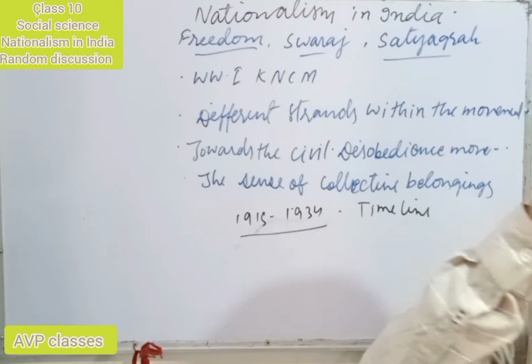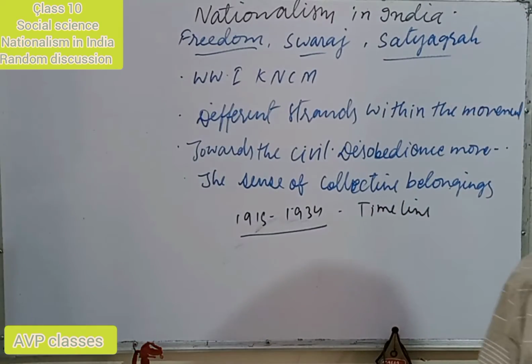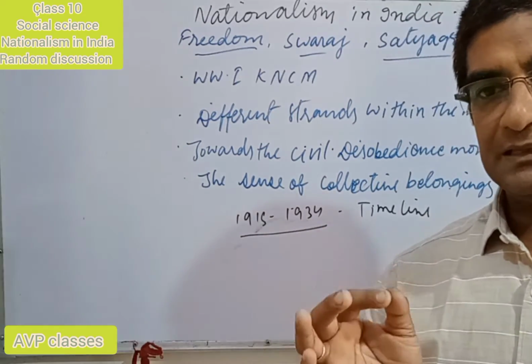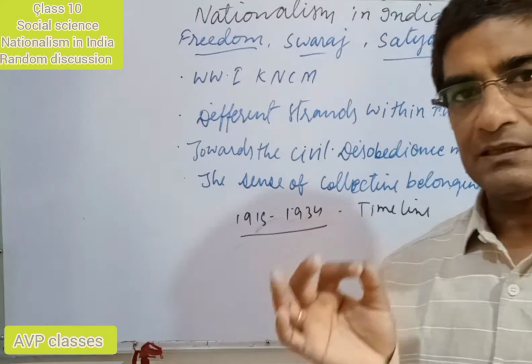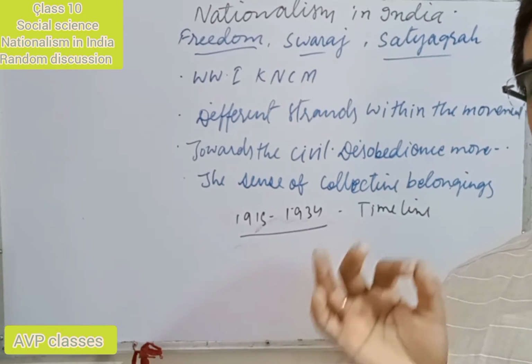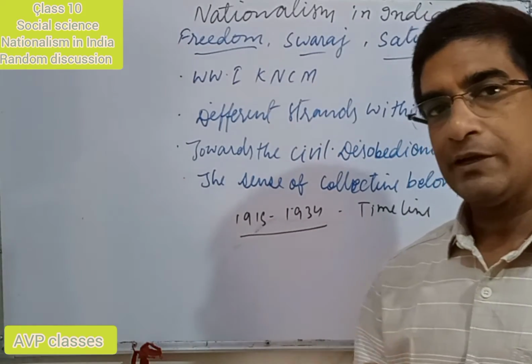Okay, na student? This is a very important lesson where Gandhiji is the sole man in the whole lesson. He is totally iconized in the whole lesson. He is omnipotent, omnipresent.